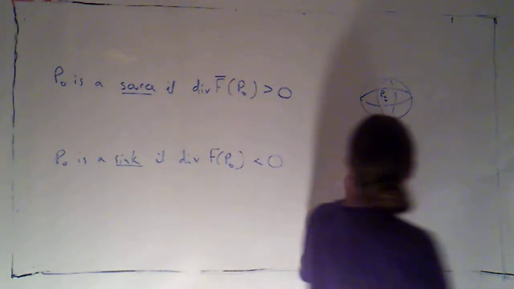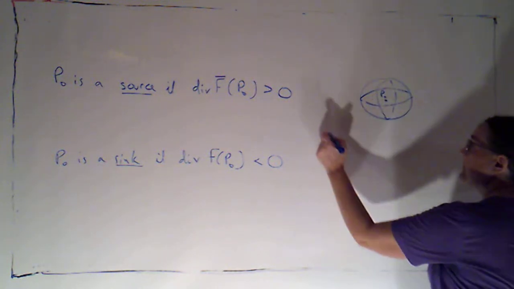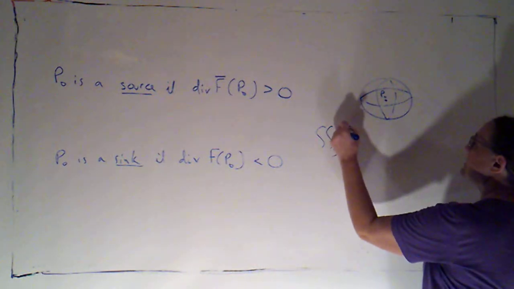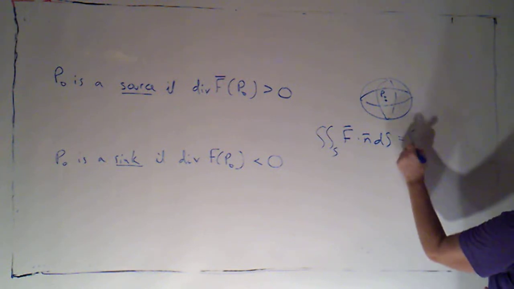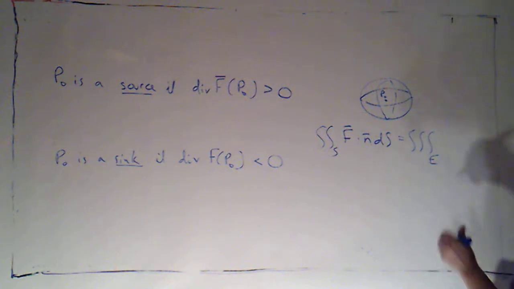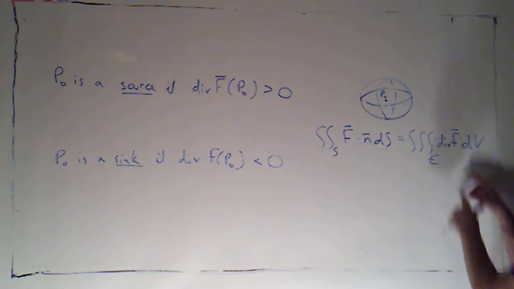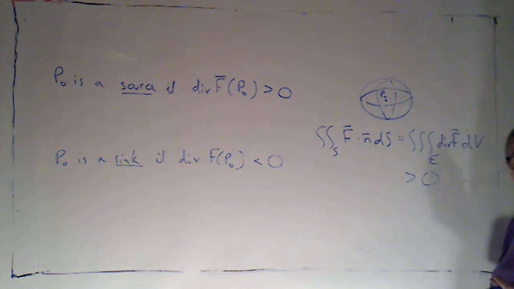Then I know that I can calculate the flux across this boundary surface. So if I call the boundary surface S, I can calculate the flux as F dotted with N dS. But I also know that I can calculate it as the triple integral of the divergence of F dV, where I'll let E be the enclosed solid. And if the divergence is positive, that means that the flux is going to be positive.